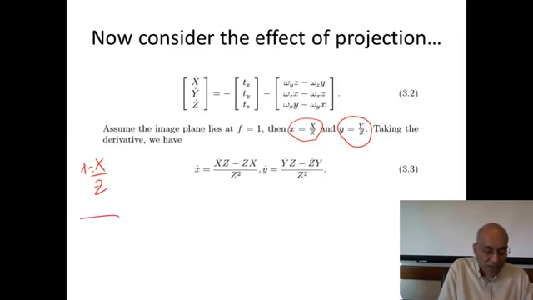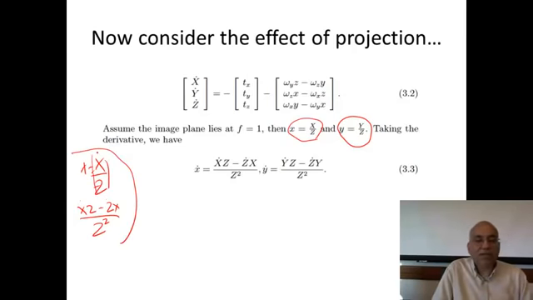Well, the denominator gets squared, and we get X dot Z minus Z dot X. So this is standard calculus, right? Calculus with the derivative of the ratio of two functions. So that's what will give us this expression right here, and I'll get a similar expression for y dot. So this is totally straightforward. This is just a consequence of calculus.